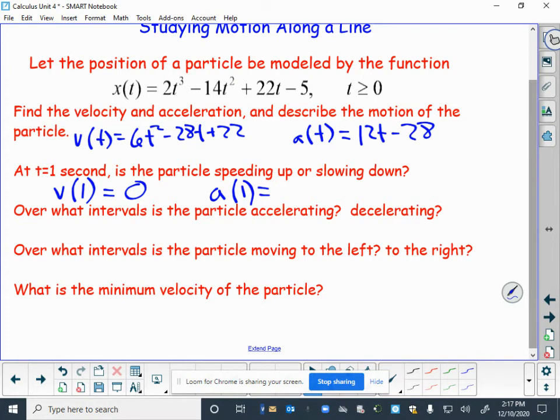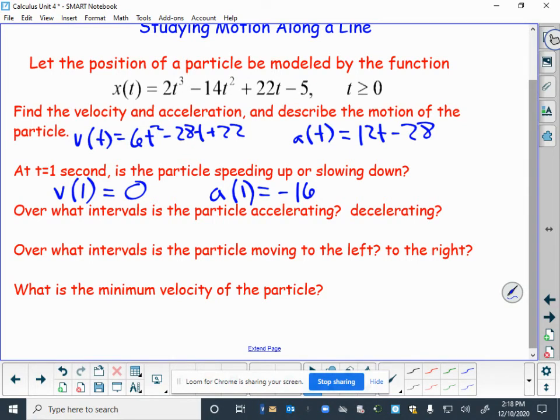And the acceleration at 1 second is 12 minus 28, so that is negative 16. It has a negative acceleration, so it is getting slower. Okay, the speed is changing in a negative way, and so this is a tricky question.